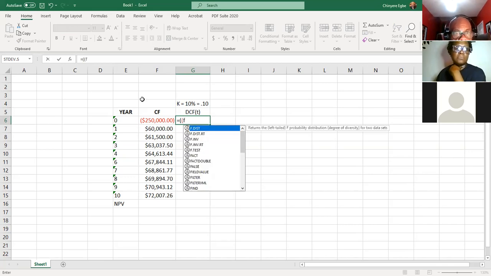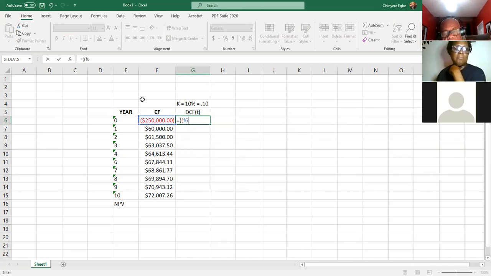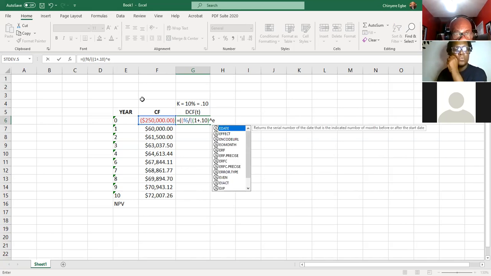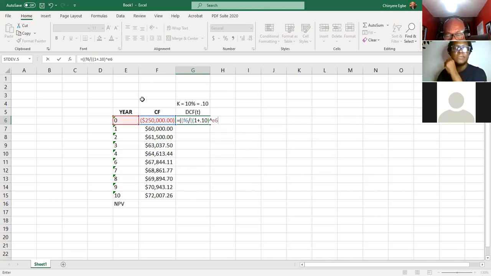F6. You can see, so we're going to divide that by 1 plus 0.10 to the power E6.